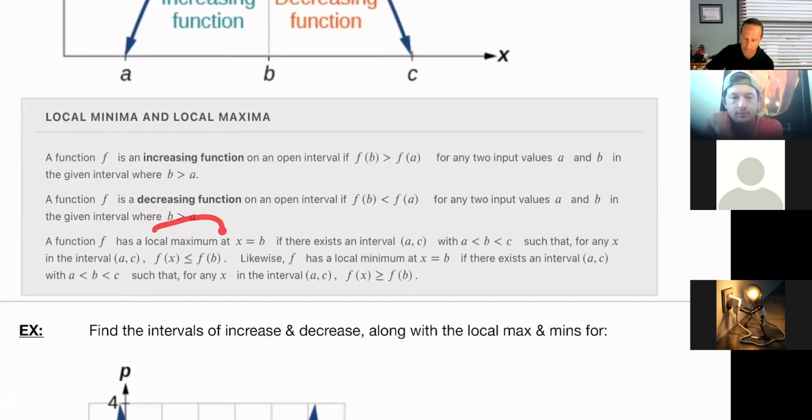And that's how we can find these local maximums or local minimums based on how it's changing from increasing to decreasing, max, decreasing to increasing, min. Those are going to be some things that you guys will learn in depth in calculus.